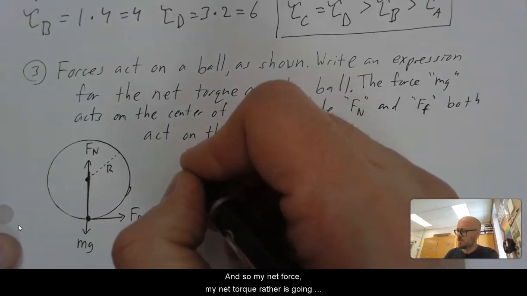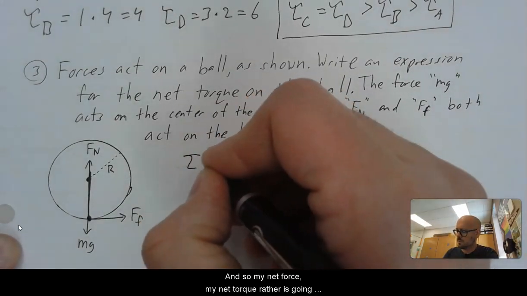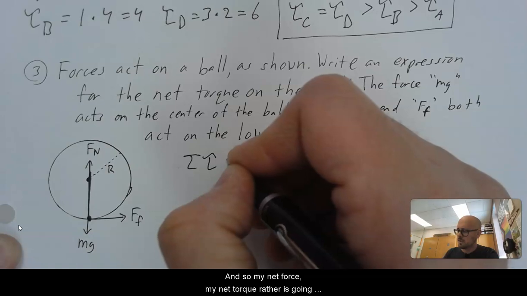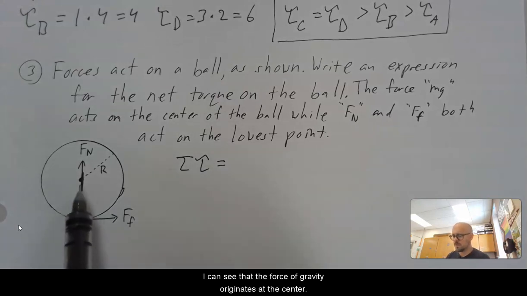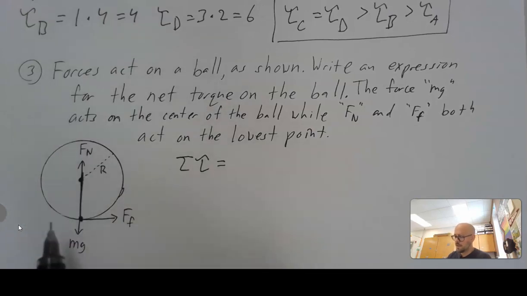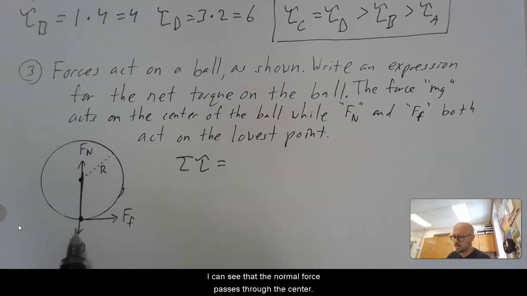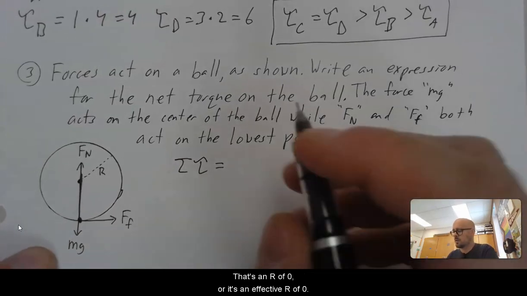And so my net torque is going to be very simple. If I look at the forces, I can see that the force of gravity originates at the center. That's an R of 0. I can see that the normal force passes through the center. That's an R of 0, or it's an effective R of 0.